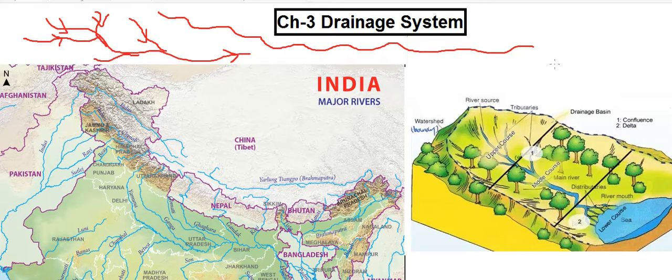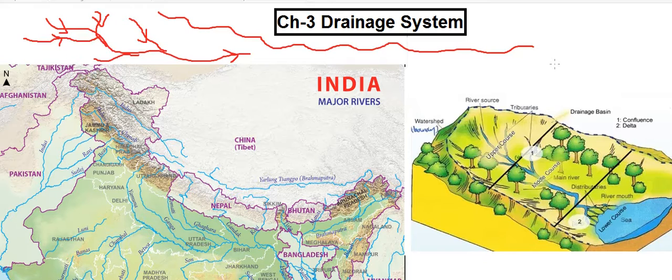You have seen that during the rainy seasons, the nalas, the channels, even the channels which you see near agricultural land. So there is a well-defined channel in which the water flows. That well-defined channel is called drainage.